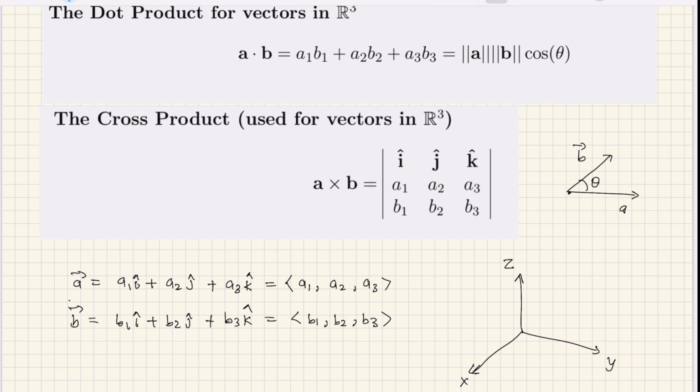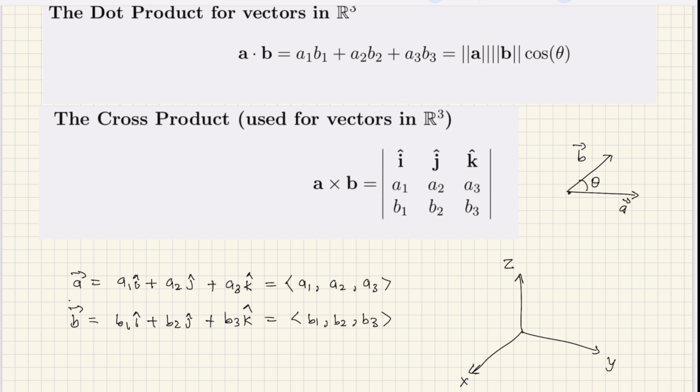Anytime we are saying the dot product of A and B, it is just the amount of vector A in the direction of B, or the amount of vector B in the direction of vector A. That's literally the idea behind the dot product of two vectors, and this is a scalar quantity.